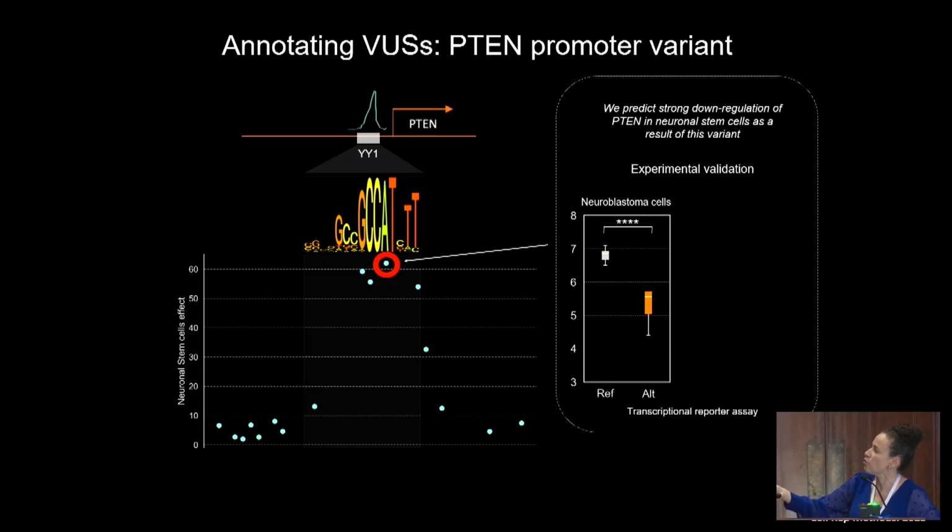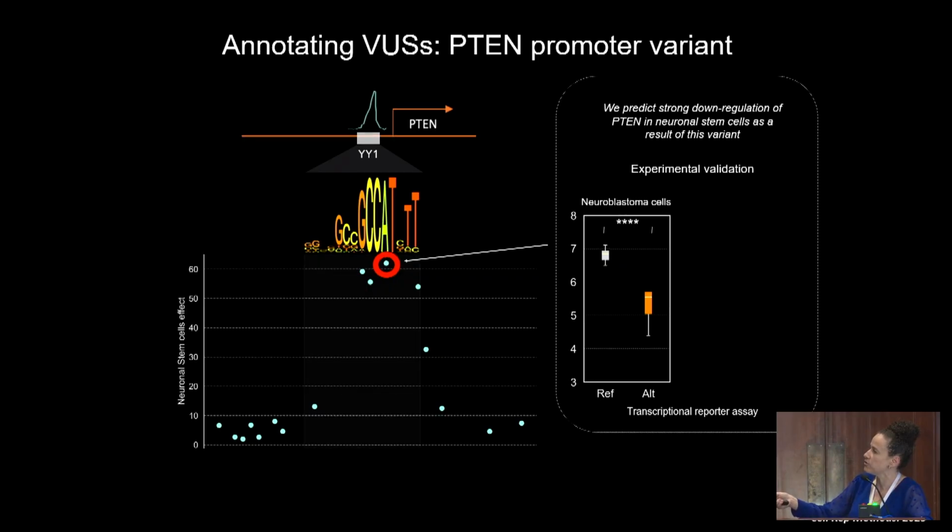You can see that 4, potentially 5 variants are predicted to be disruptive, and the rest are not likely to do anything. And when we test them, I'm just showing one result; we've tested all of these and a couple of these as controls. You indeed see a significant downregulation of PTEN if you have that single letter change from the proband to the sibling variant, and it is cell type specific.